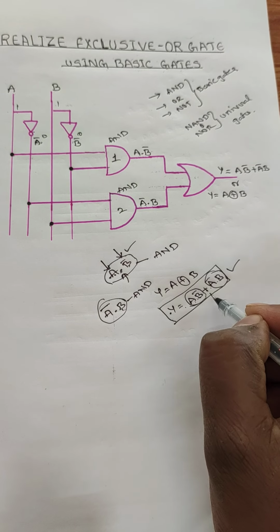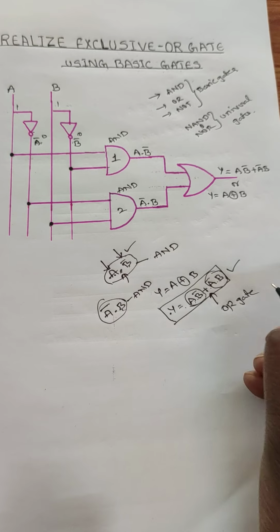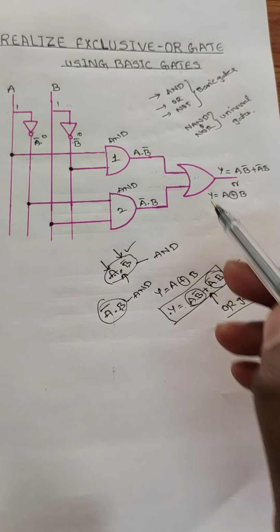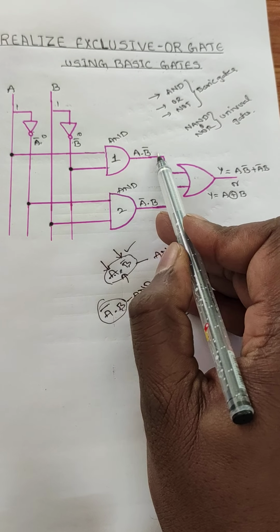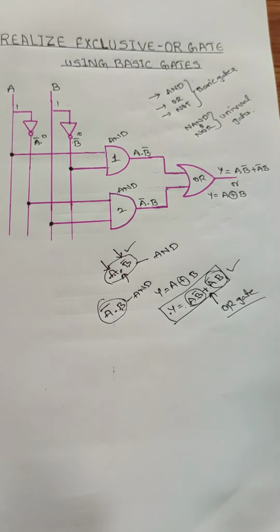We need the plus symbol, and the plus symbol is nothing but an OR gate. We give A dot B bar as one input to the OR gate, and A bar B as the other input to the OR gate.